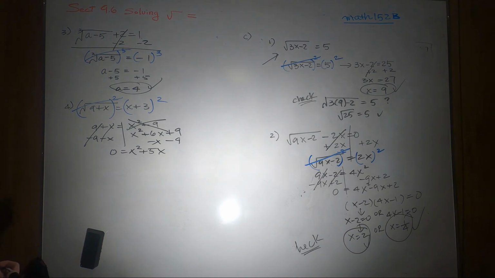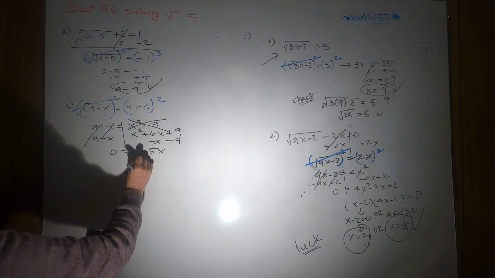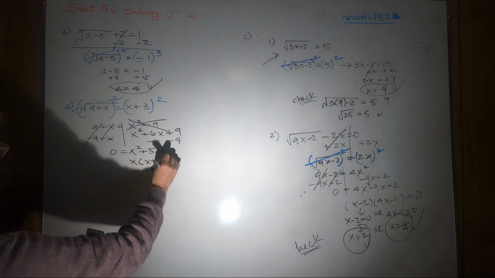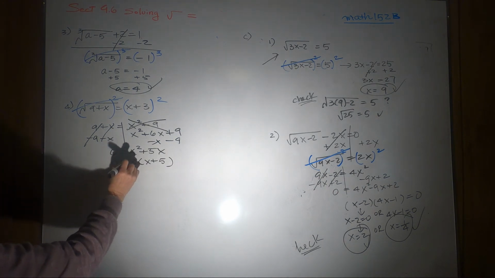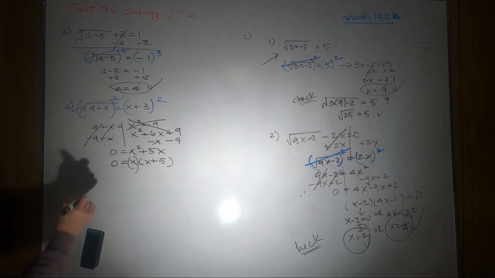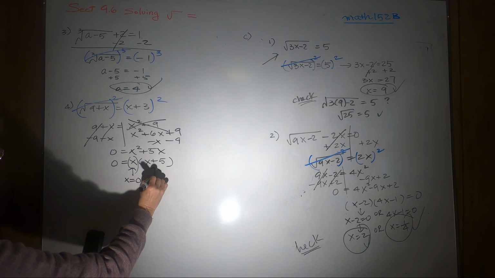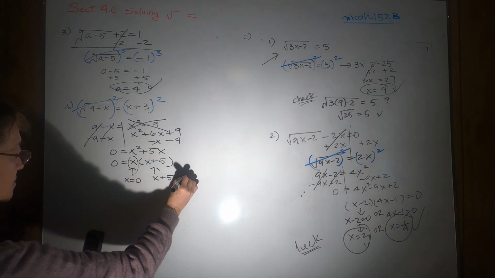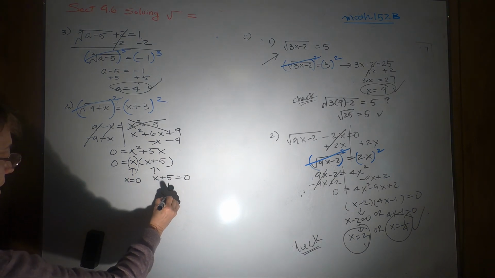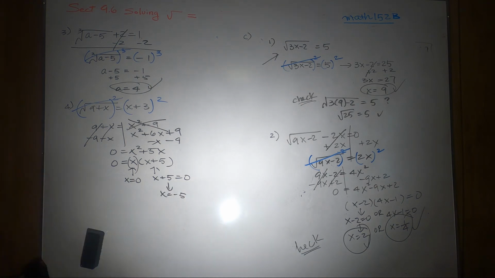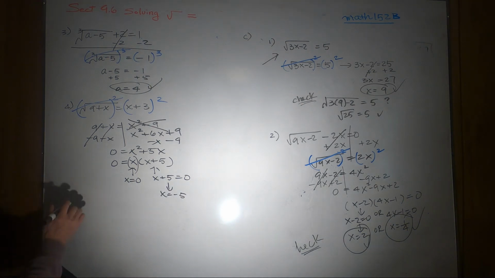However, you always do what first? GCF, right? So you take a GCF out. You have two parts, right? By zero product property, x can be 0 or x plus 5 can be 0. So this one, x is -5. Then we need to check if we can circle the answers.